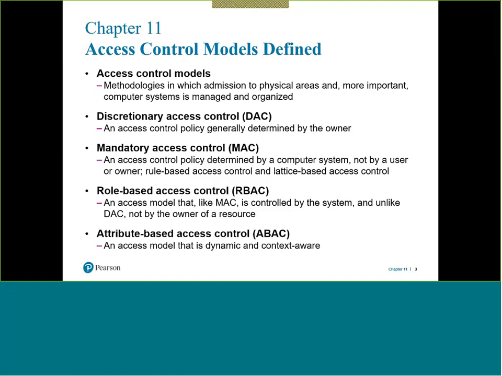So mandatory is taking that control out of the user because the user doesn't know what's best for themselves most of the time. A role-based access control is not unlike mandatory control, but it is not by the owner of a resource. And then finally, attribute is dynamic and context aware.